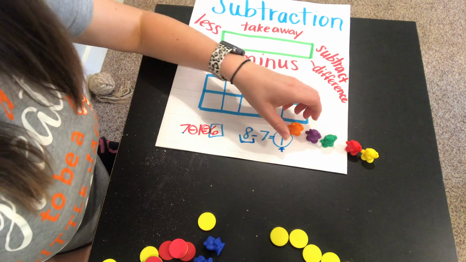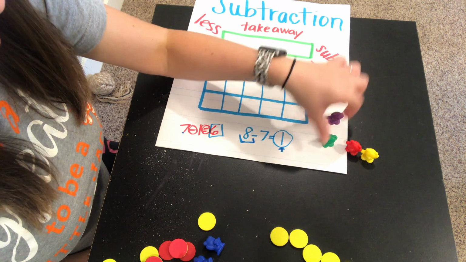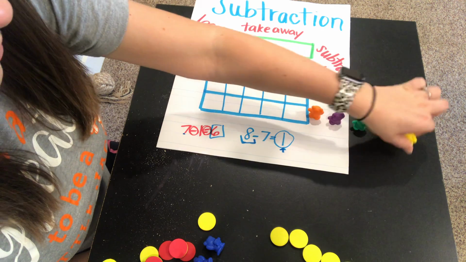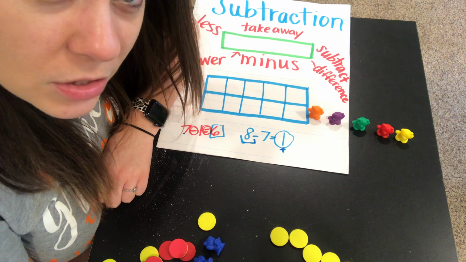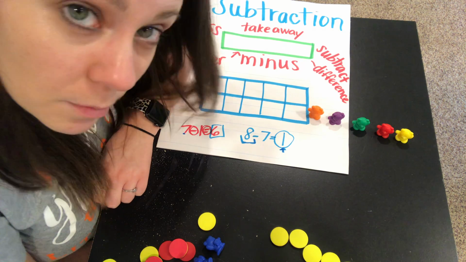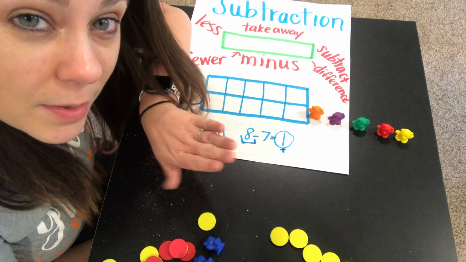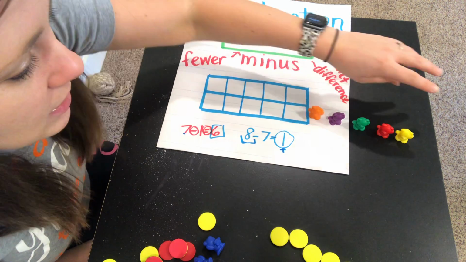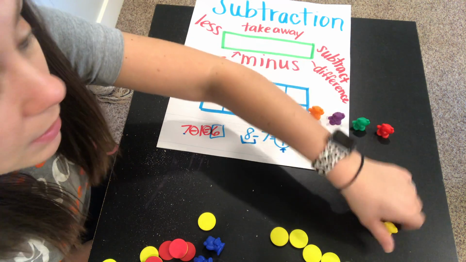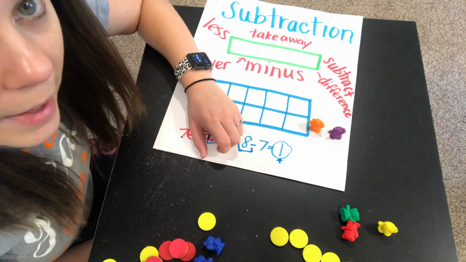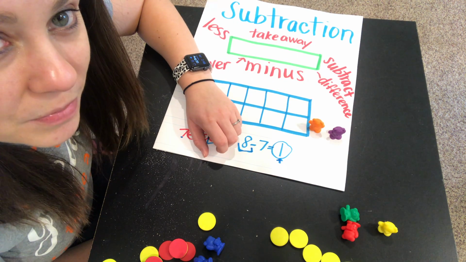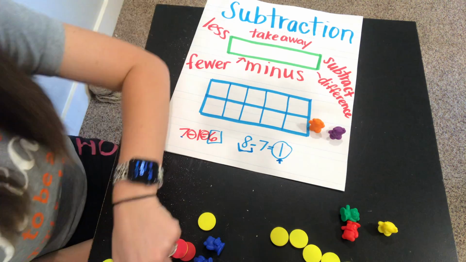All right, so she had 5 bears. 1, 2, 3, 4, 5. She gives 3 of the bears to her sister Alexis. So she's giving bears. That means we are getting rid of them and we'll have to subtract. So to subtract 3. 1, 2, 3. How many bears are left? 2.